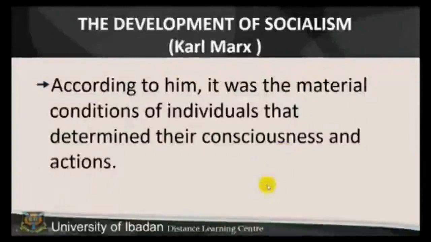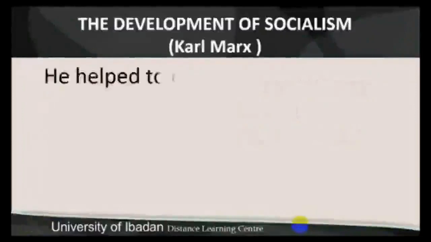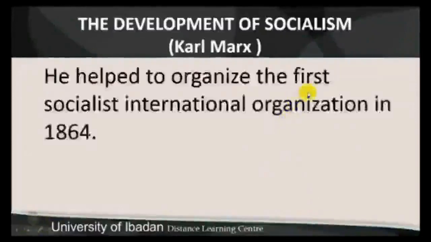The working class, therefore, had to be led to develop revolutionary consciousness before they could be expected to attempt to change such material conditions and create socialist society. In this regard, he helped to organize the first Socialist International Organization in 1864.